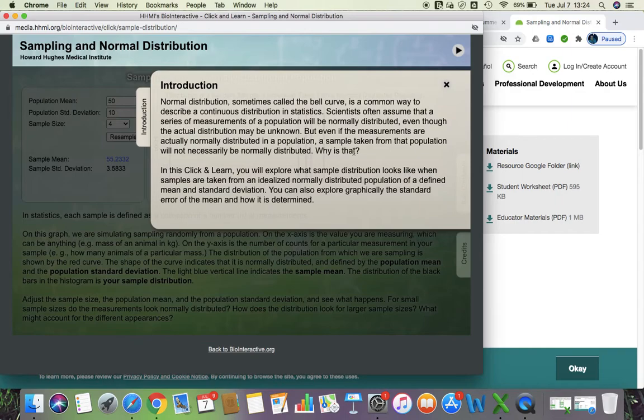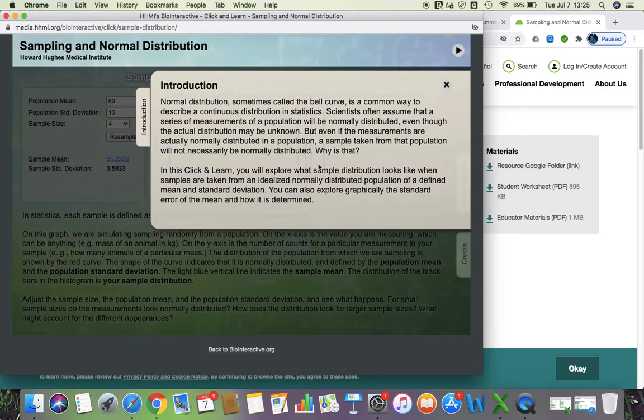Why is that? Well, it's because that sample is probably going to include people who are taller than most other people at Pritzker. So one of the things you're going to see in here is that the size of your sample, in other words, the number of measurements that you take, is really, really important when you're talking about measurements and trying to draw conclusions about an entire population.